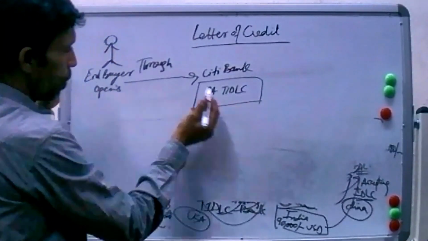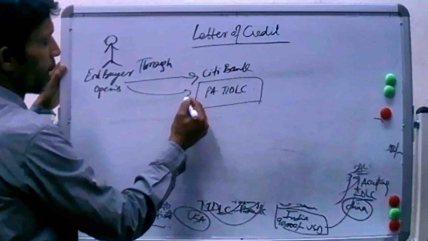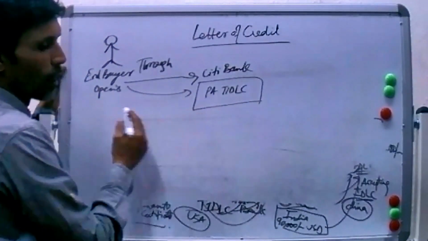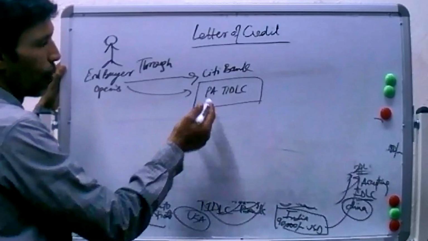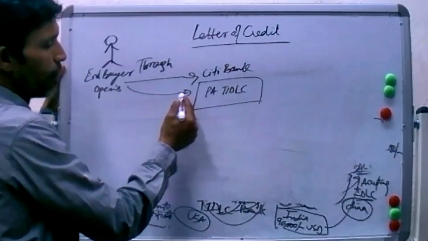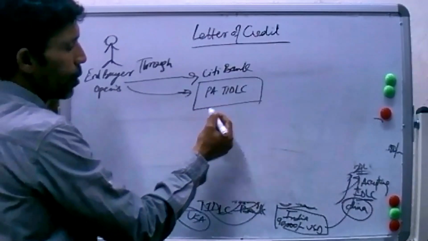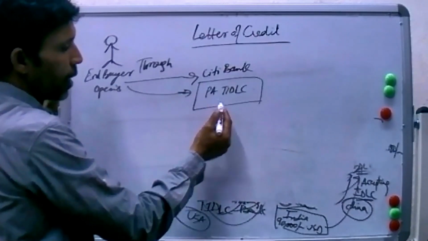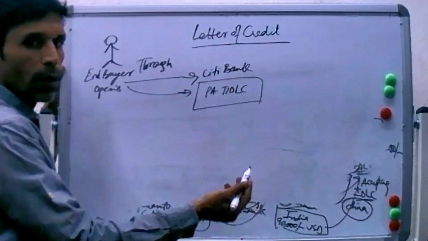He opens means he will advise his bank that he needs to open it, because he has a business bank account with Citibank, and Citibank knows him. So he will advise the Citibank manager that he needs a PA TIDLC to import some material.